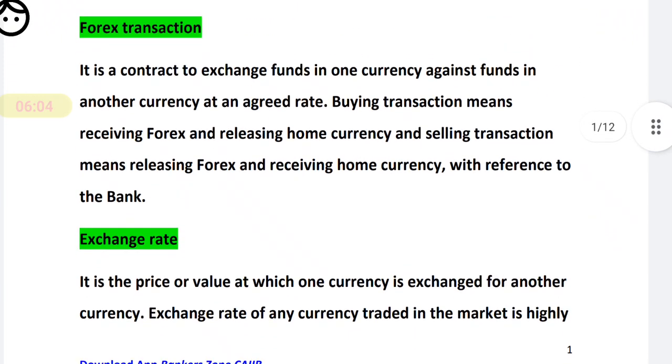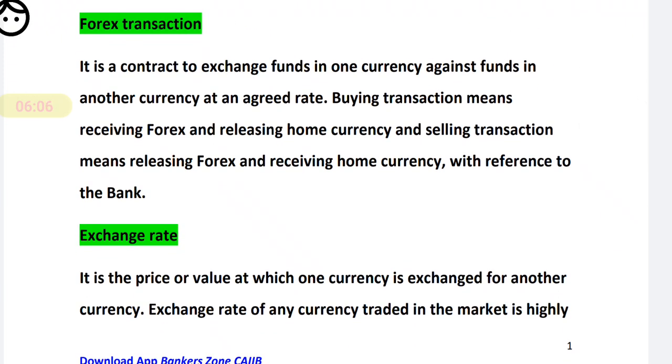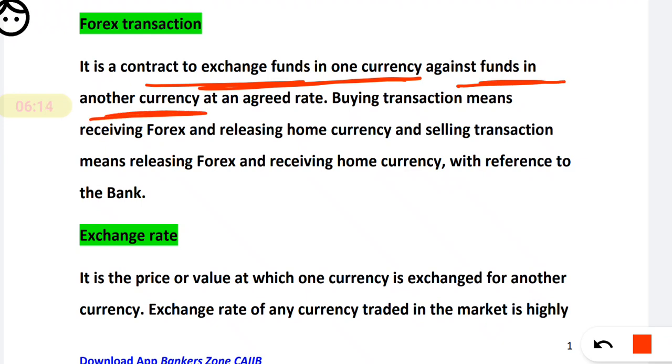Now, what is a forex transaction? As I have already stated, it is a contract to exchange funds in one currency against funds in another currency at an agreed rate. For example, 1 US dollar is equal to INR 78.